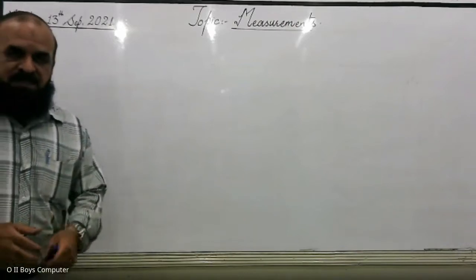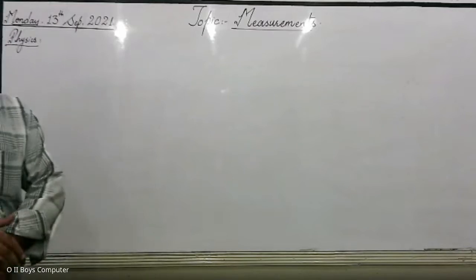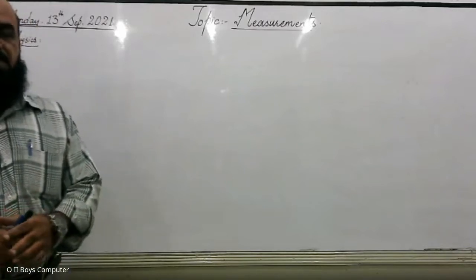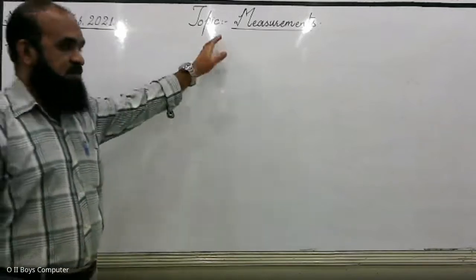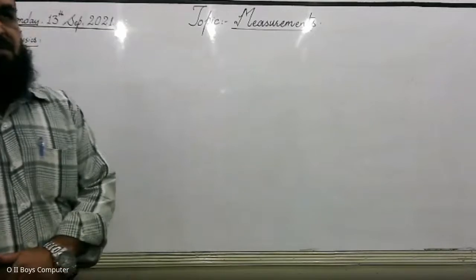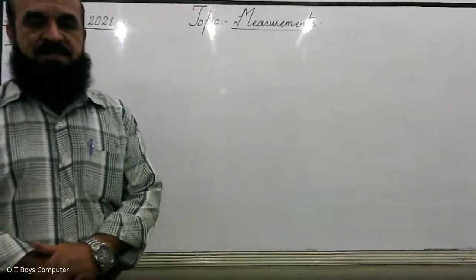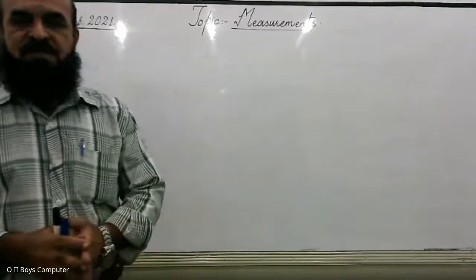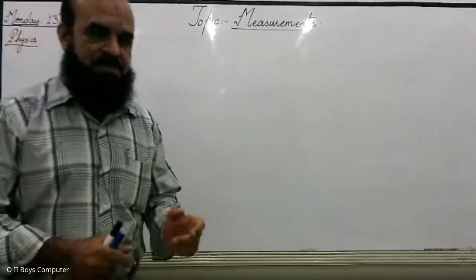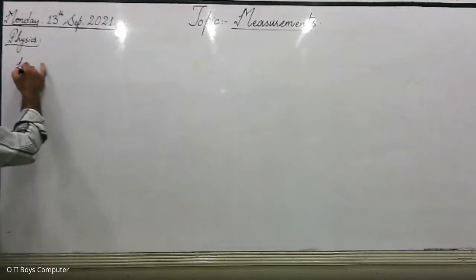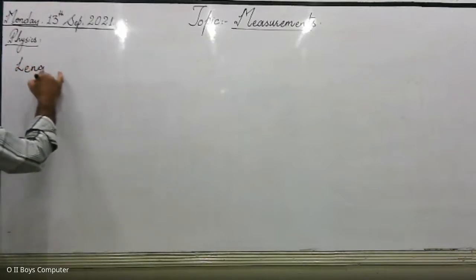Welcome back to our online classes, dear students, and we are just ongoing our topic, that is measurements. And today's lecture is about the first basic quantity, that is the length, and two other quantities, giant quantities, which are related to the length. So our first thing which we are going to discuss will be the length.